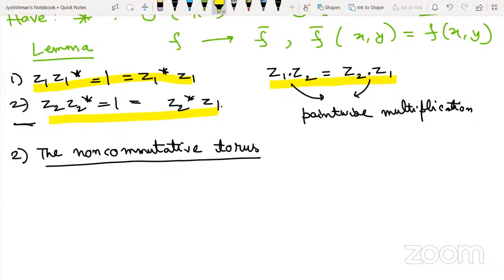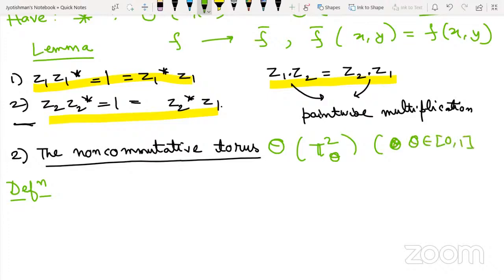So here is the definition. This will be denoted by O of T2 theta, where theta belongs to 0, 1.